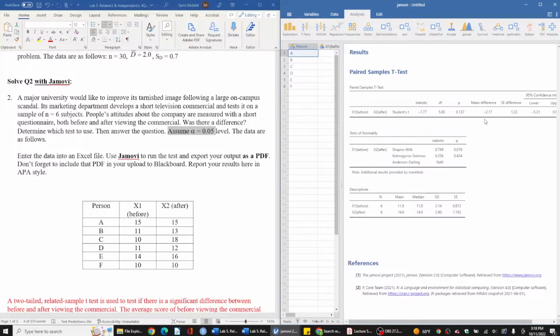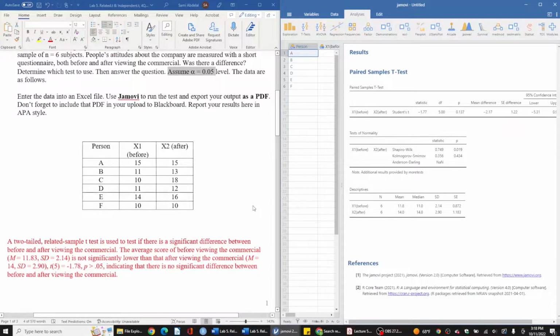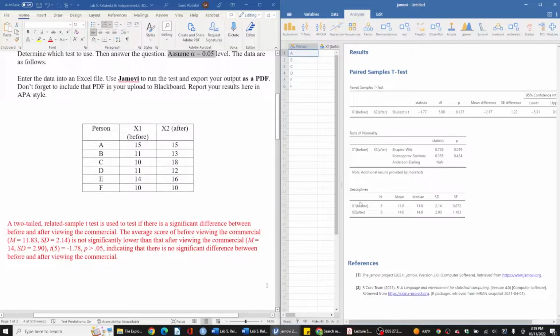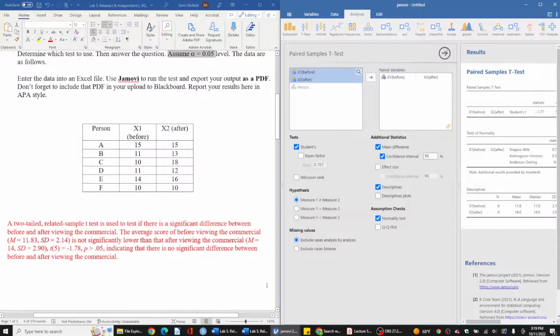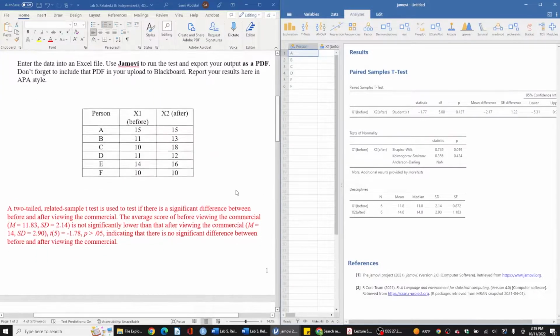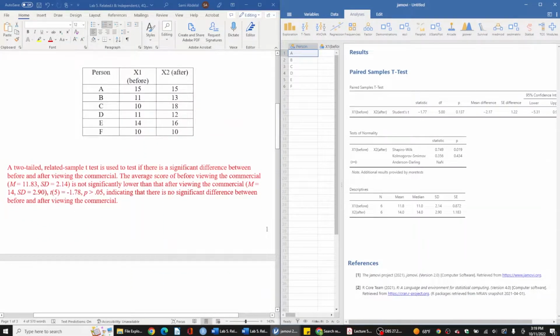And then the mean difference between before and after viewing the commercial was negative 2.17, but for the purposes of this assignment, you don't really need that. You just kind of need the descriptives down here because once we say the results, let's just have these side by side here and go through.